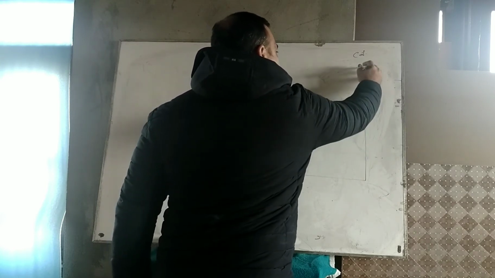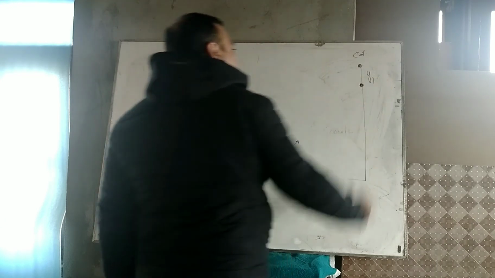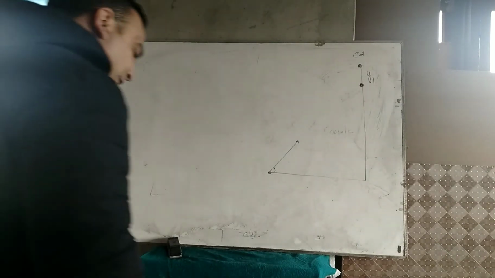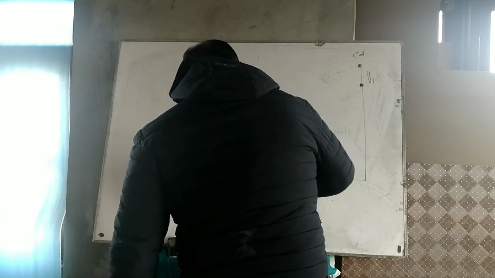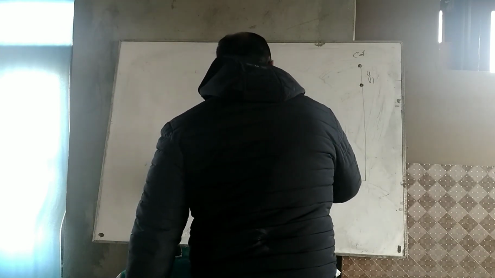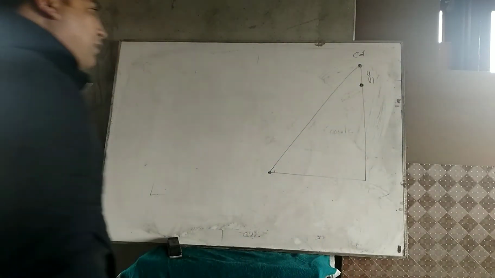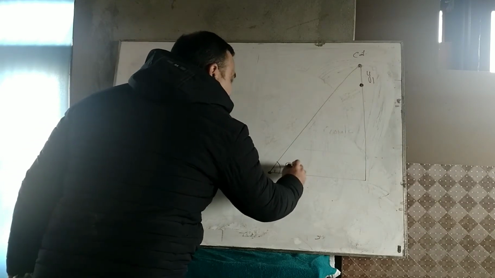Suppose it falls a height equal to, say, y1. The gun has been aimed towards the cat at the time of shot, making an angle theta.